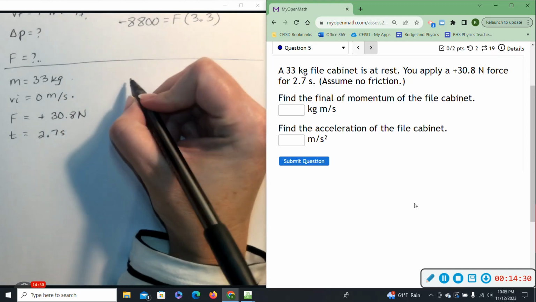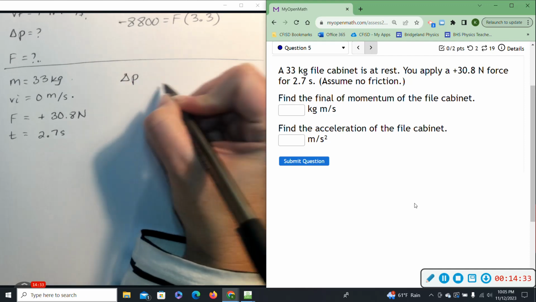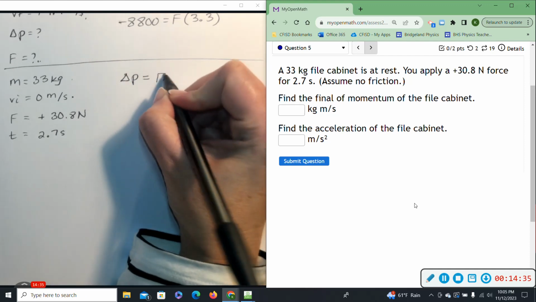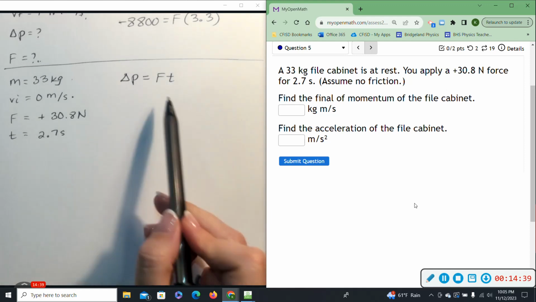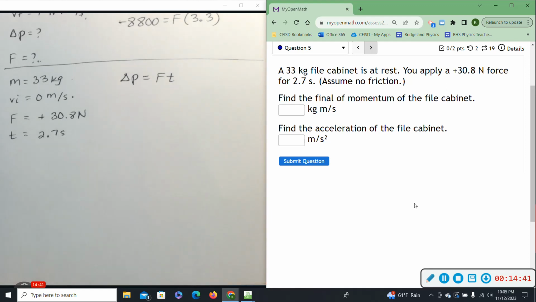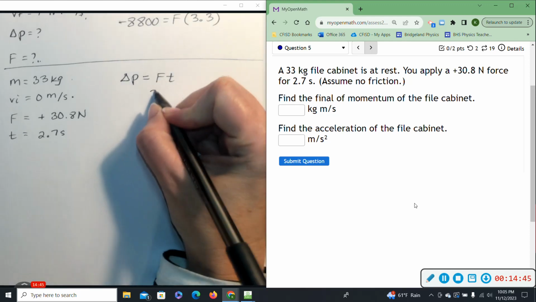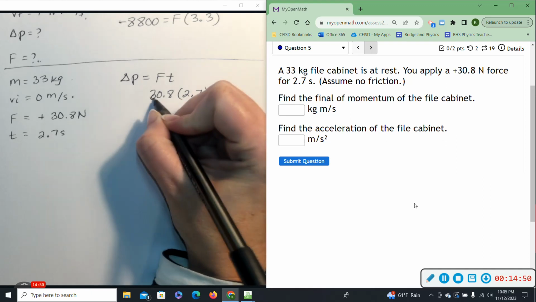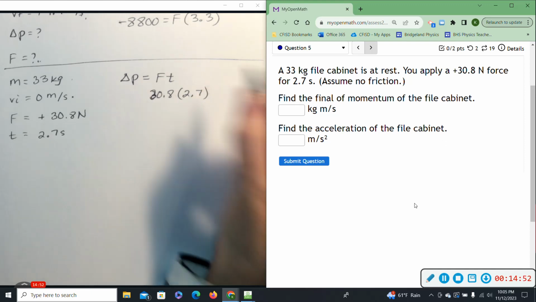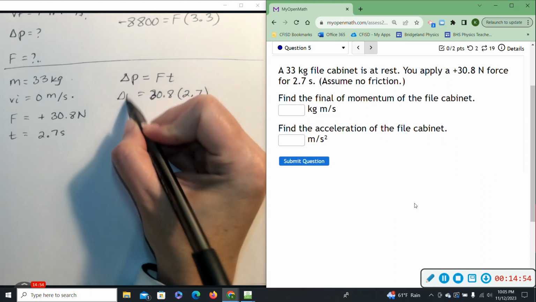So here instead, let's go ahead and do this and say, hey, my change in momentum is equal to force times time, because again, change in momentum is equal to impulse, which is equal to force times time. So we can set those equal to each other, which means all I need to do is 30.8 times 2.7, and that will give me my change in momentum.